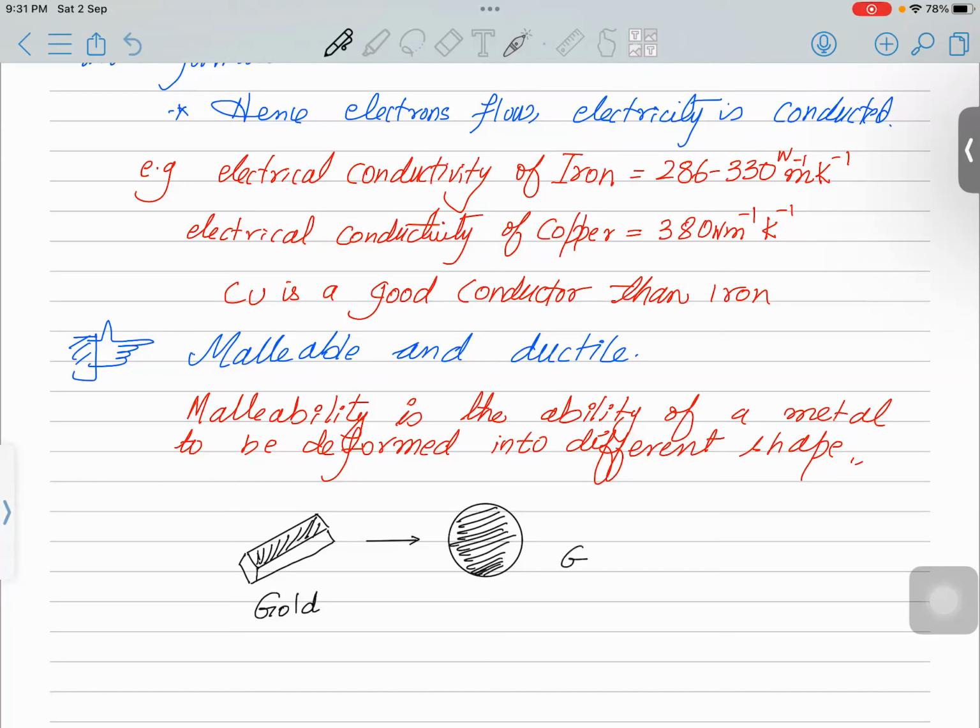So always remember, gold is the most malleable metal. Jewelries are made when you are hammering on it. We can change cylindrical into oval. So this is malleability.